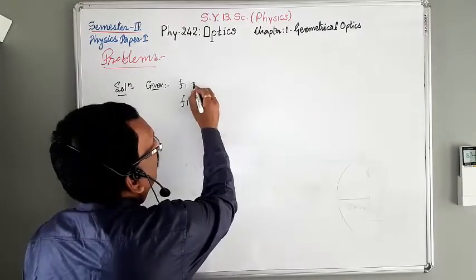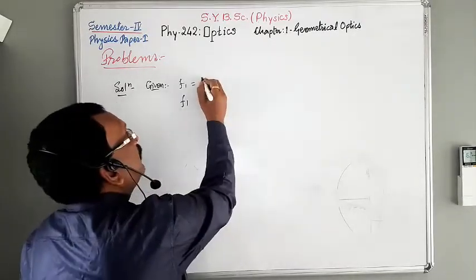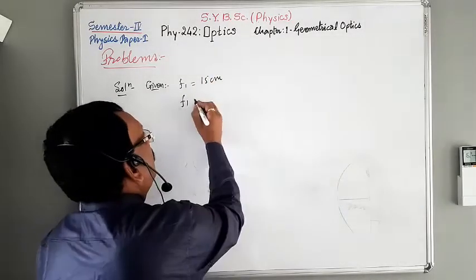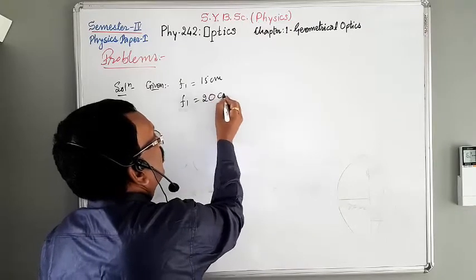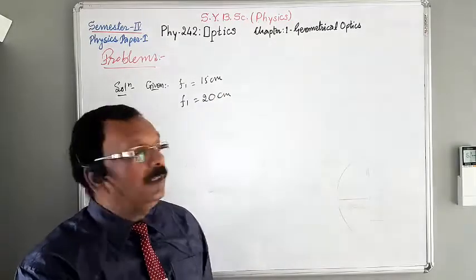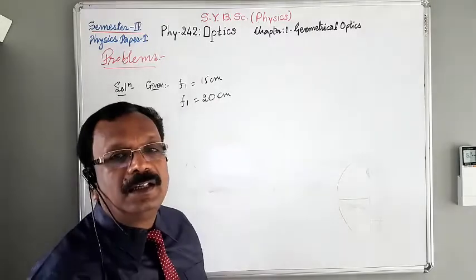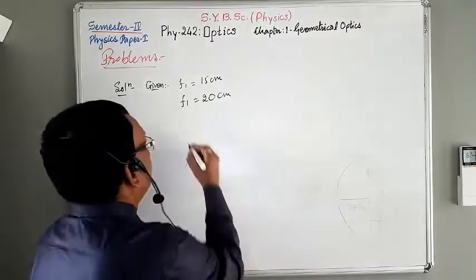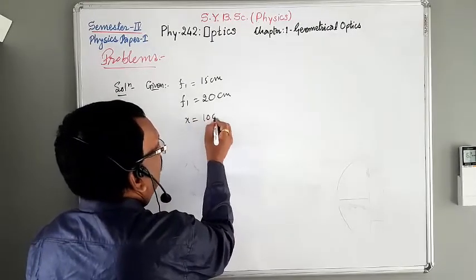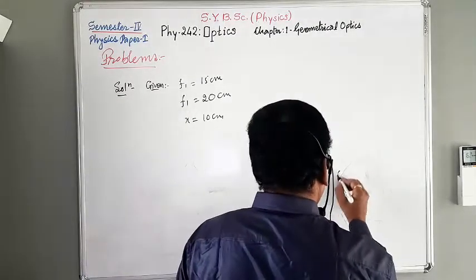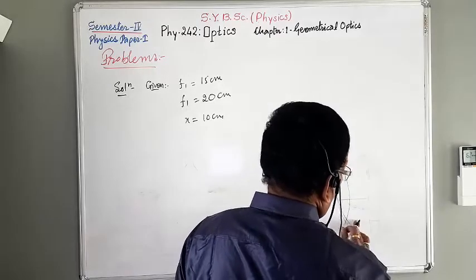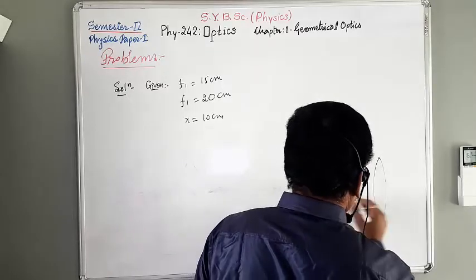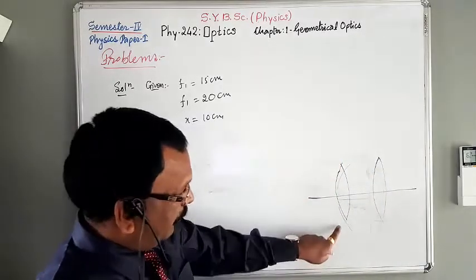One has focal length 15 centimeter and the other lens has focal length 20 centimeter, and these two lenses are placed coaxially 10 centimeter apart, that is x is equal to 10 centimeter. Suppose this is the first convex lens L1, this is the second convex lens L2, and both lenses are placed coaxially.